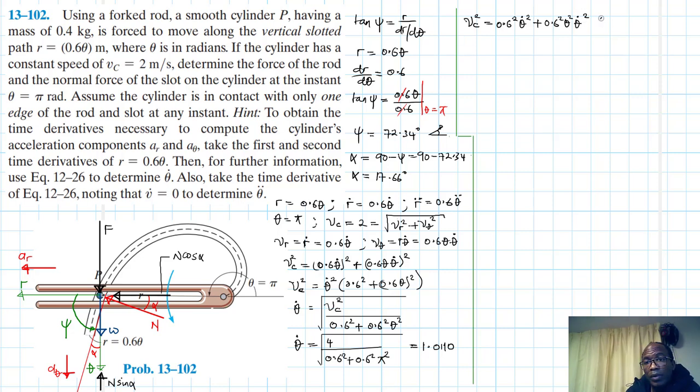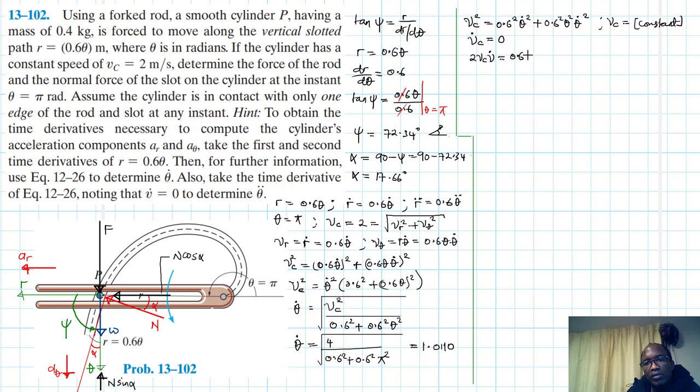And VC we know is constant. Therefore, the derivative of a constant with respect to time will just be equal to 0.